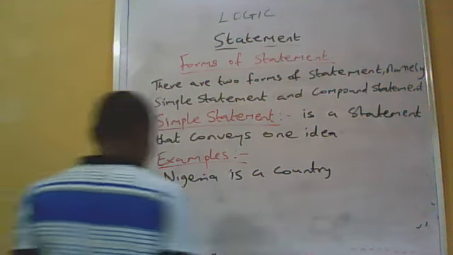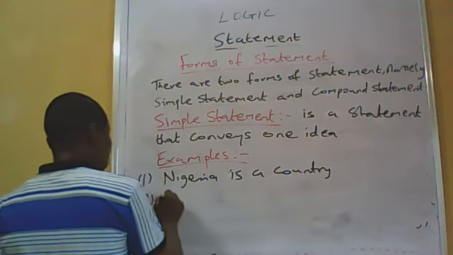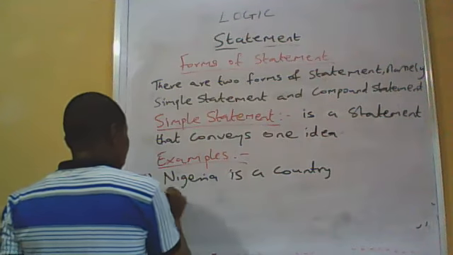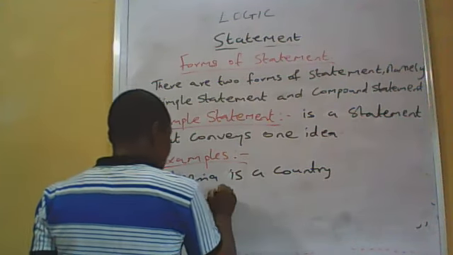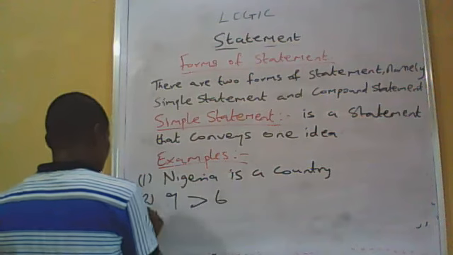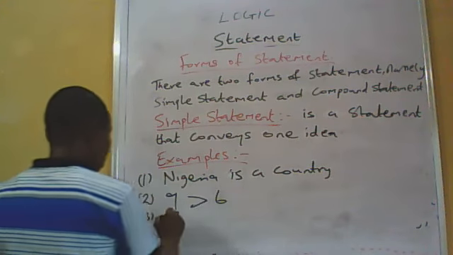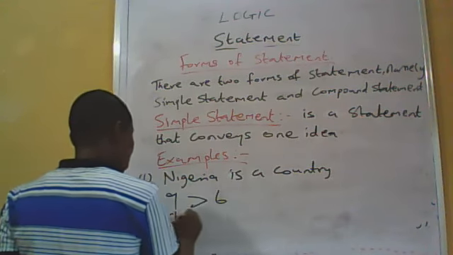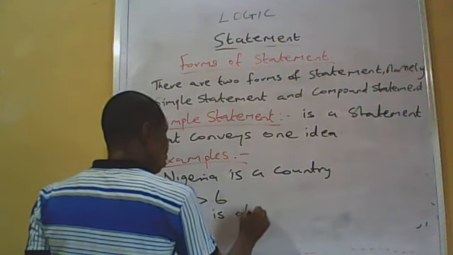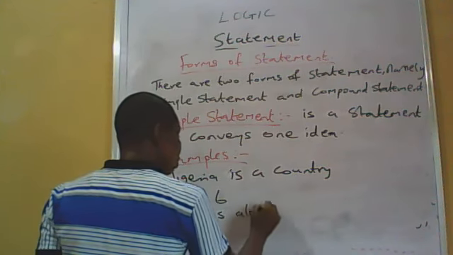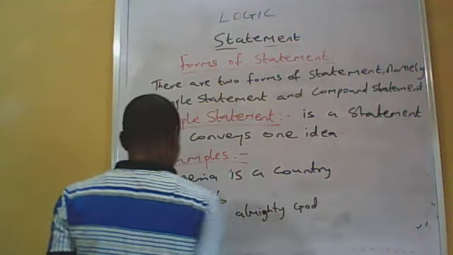Two, 9 is greater than 6. Three, Christ is Almighty God.